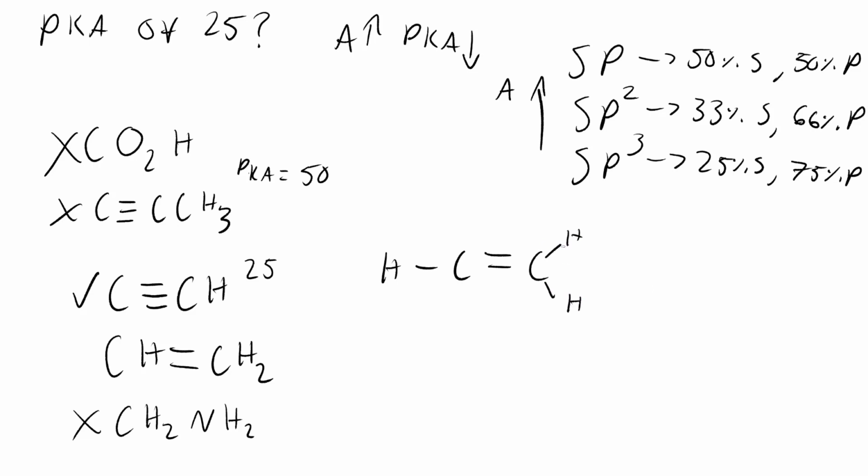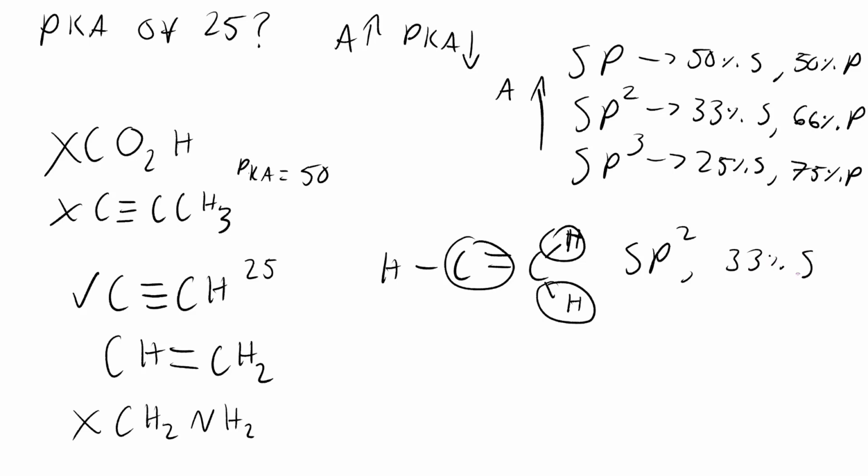All right, let's check out our hybridization. Let's see. 1, 2, 3. There are 3 things connected to us, so that's sp2. 1 plus 2 is 3. That means that our S character would be 33% S, which is not good, but it's okay.